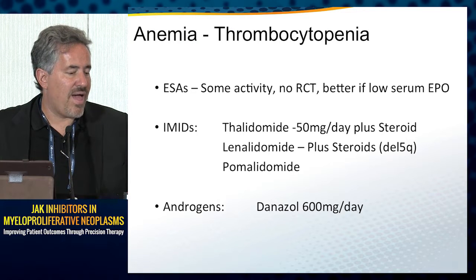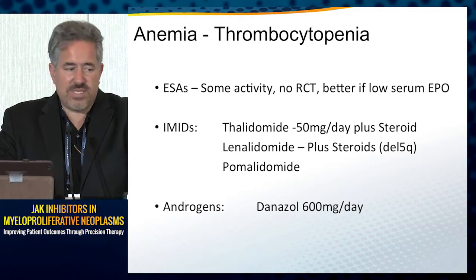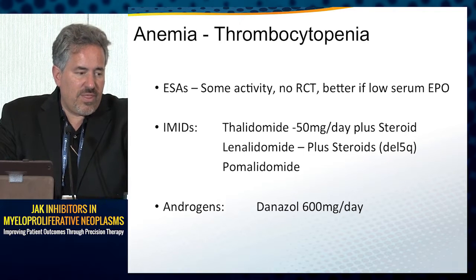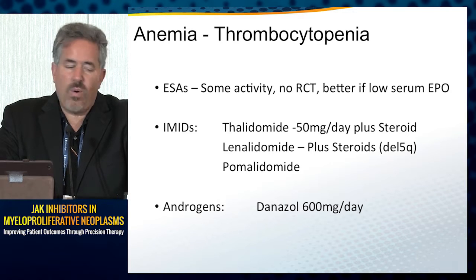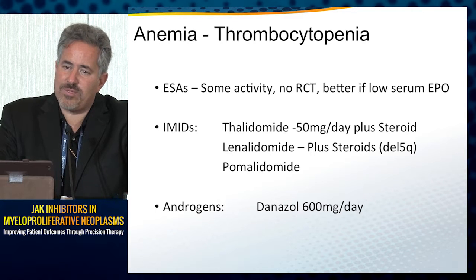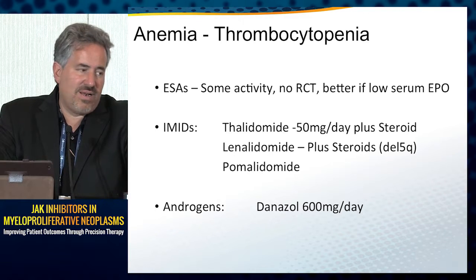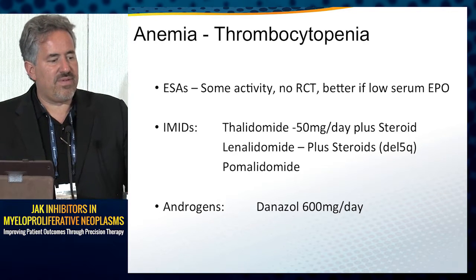And there are several things that have some activity, but as a theme, 1, there are none that are approved for this indication. 2, they mainly have modest amounts of activity in typically 30% of patients or less. 3, there are rare individuals that have had great responses to any one of these, let's say, toolkit of therapies.